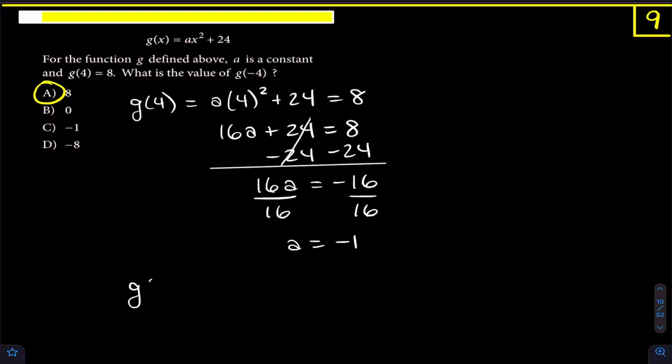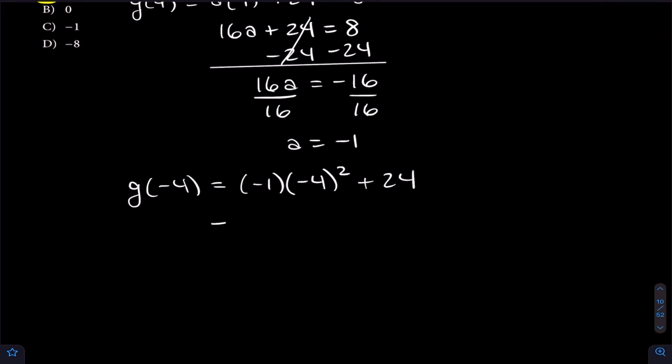And then plugging in to g of negative 4, you know that it's going to be ax squared plus 24. But here you know that a is negative 1. And then x squared, that'll be the negative 4 squared, since you're plugging in a negative 4 for x here. Then we just add on 24. So this becomes negative 1 times 16, which is negative 16, plus 24, and that's equal to 8.